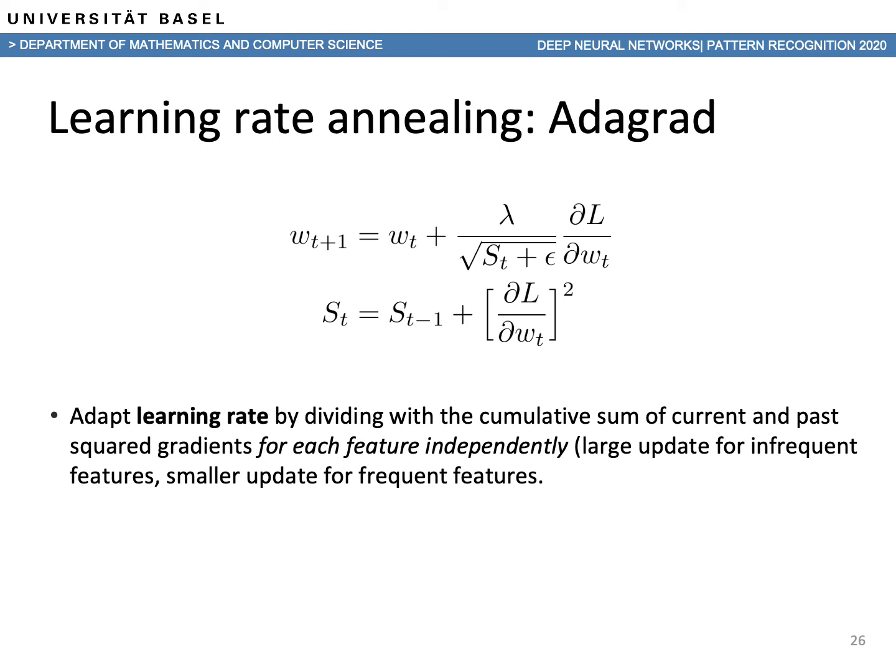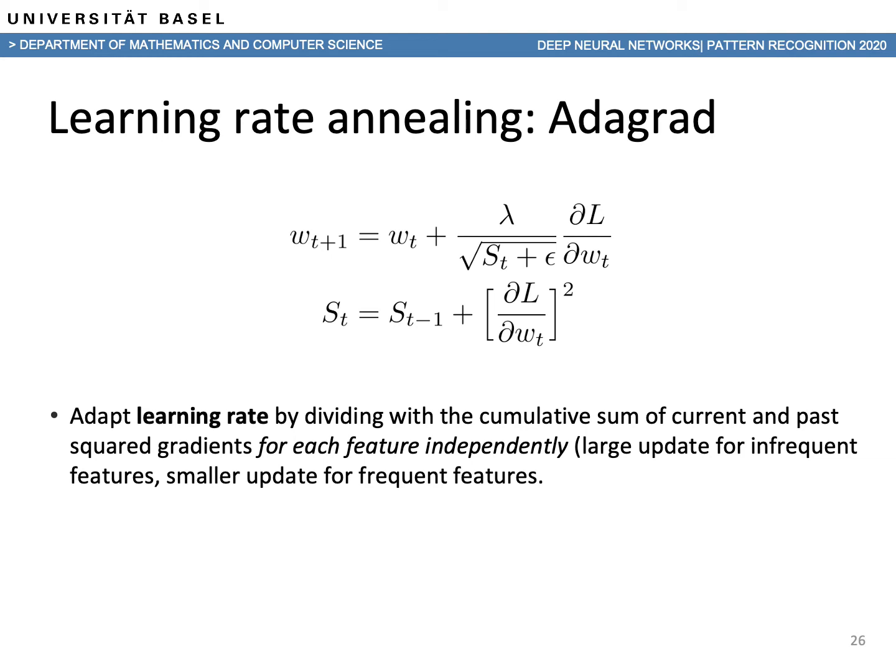One way to control the learning rate is the learning rate annealing method Adagrad. What it does is adapt the learning rate by dividing by the cumulative sum of current and past squared gradients for each feature independently.